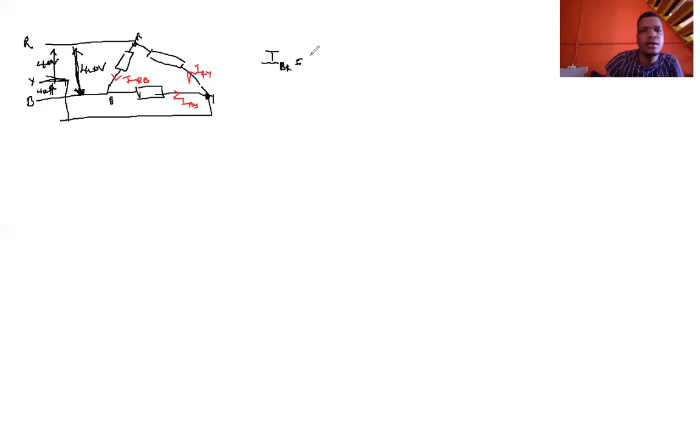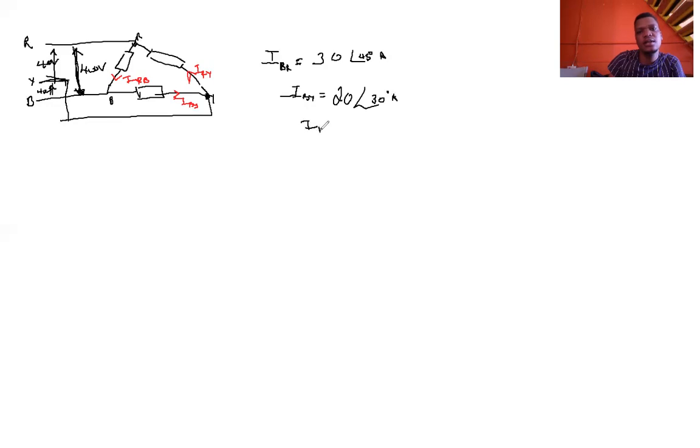So IBR, let's say we're given that is equal to 30 amps at an angle of 45 degrees. Or they can give it as a power factor, perfect lagging, whatever. Then you're told that IBY is equal to, let me just say, 20 angle 30.